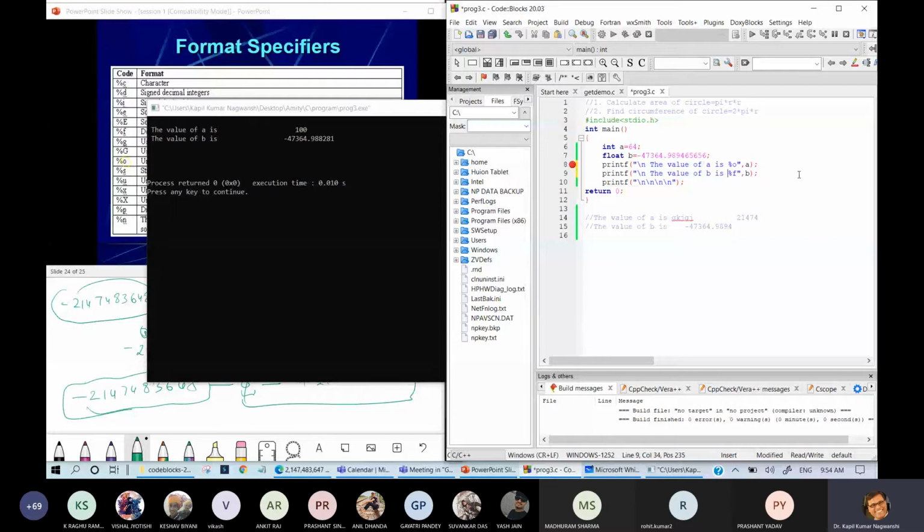Similarly, if you are writing small x, then it gives a hexadecimal number. F is not coming for 100. If I am writing this as 63, then 3F will come, and let us see the output.